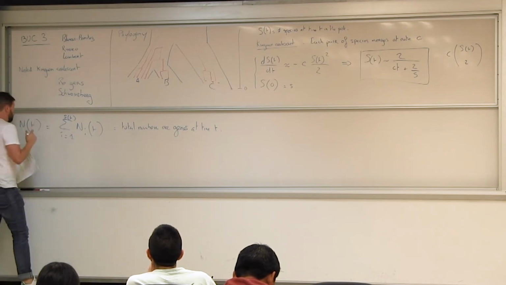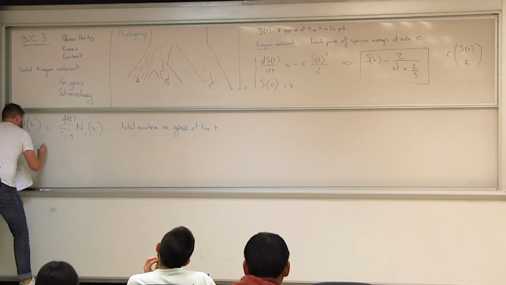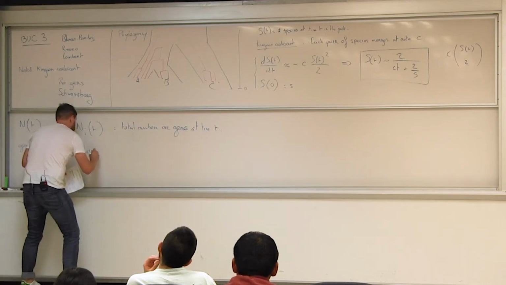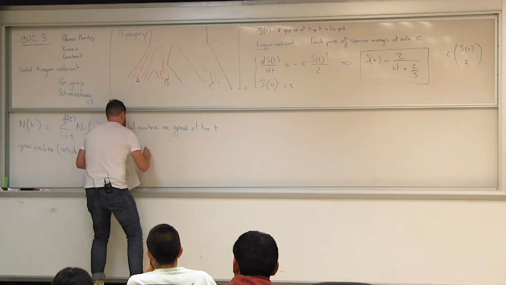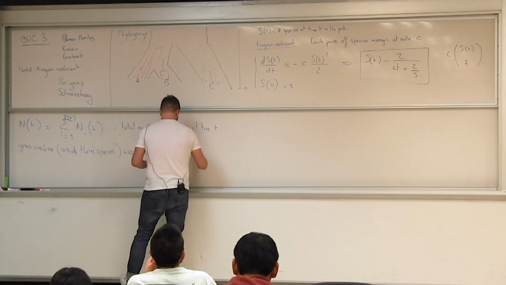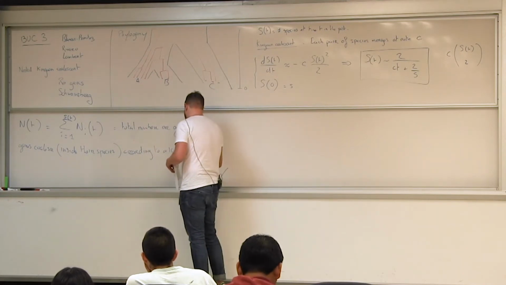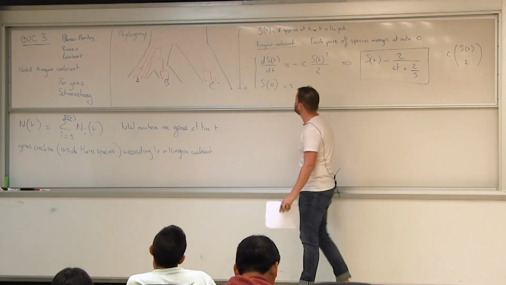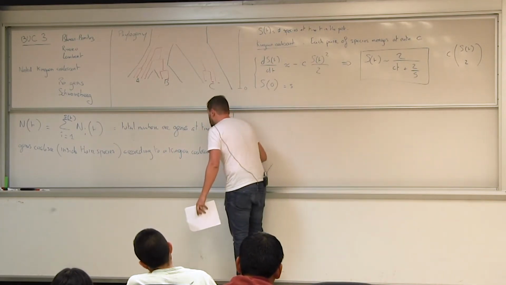And we will say that the genes coalesce inside their species according to a Kingman coalescent, a real Kingman coalescent with rate 1. So C will be the rate for the species and 1 will be the rate for the genes.